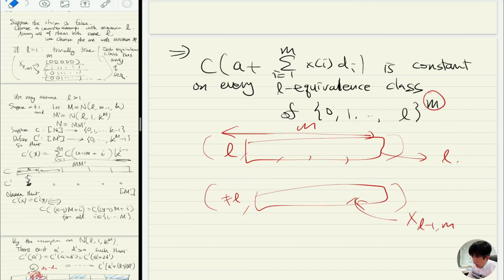So the equivalence class here will determine the equivalence class here. And in this case the equivalence class is just 1.